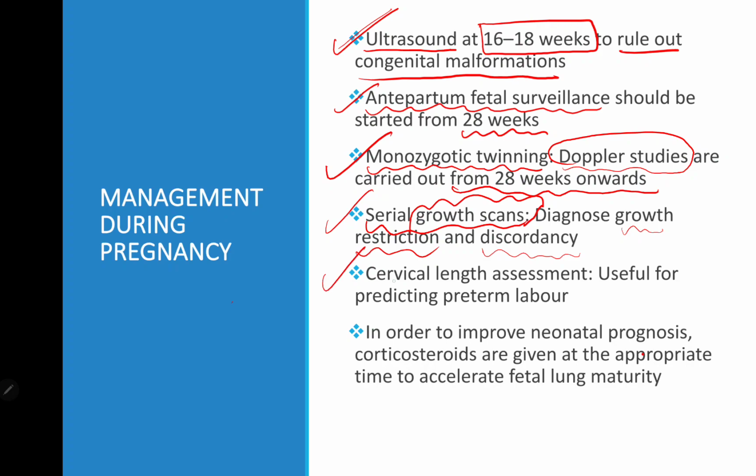And then you are going to look at the cervical length assessment. Cervical length assessment is useful for predicting any case of preterm labor. And in order to improve the neonatal prognosis, corticosteroids are given at the appropriate time to accelerate fetal lung maturity. Very, very important.